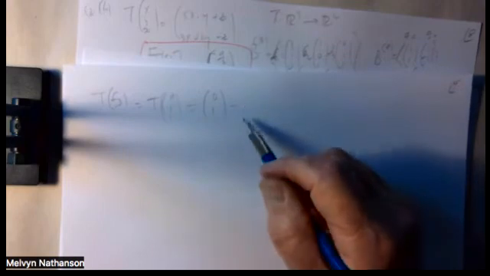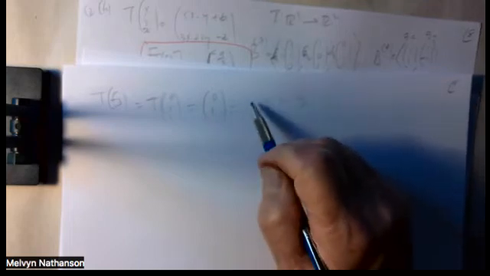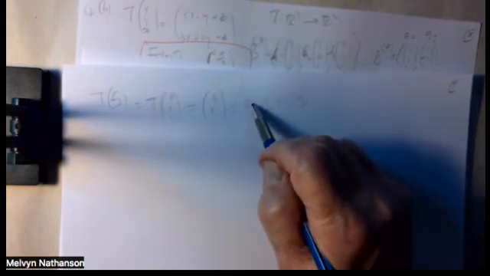And I have to write 0, 1 as a linear combination of G1 and G2. So some A13 G1 plus A23 G2. That's A13 times the vector 1, 1, plus A23 times the vector 1, minus 1.